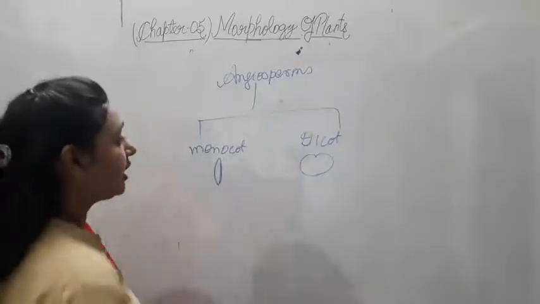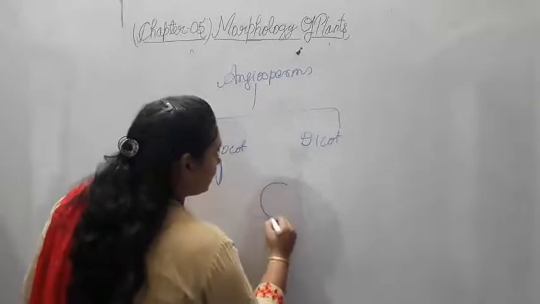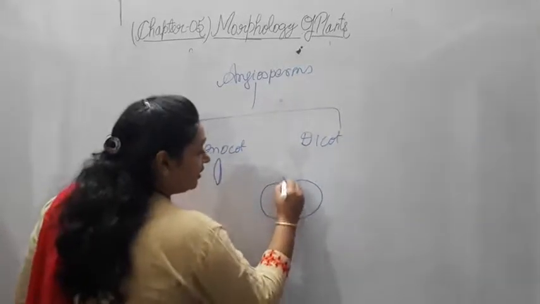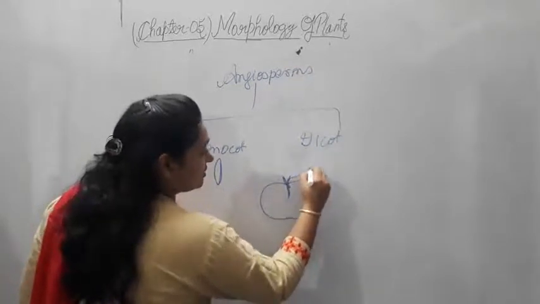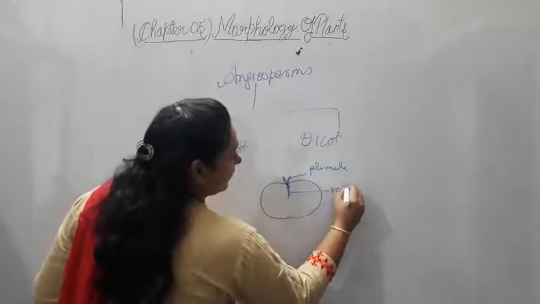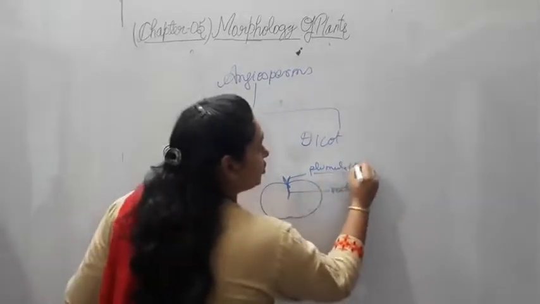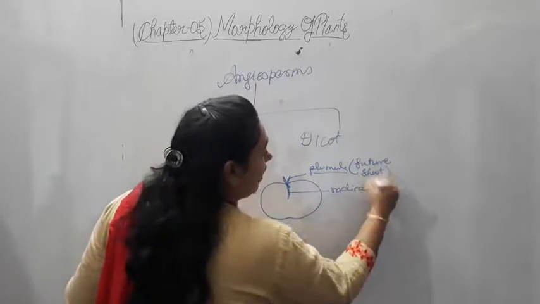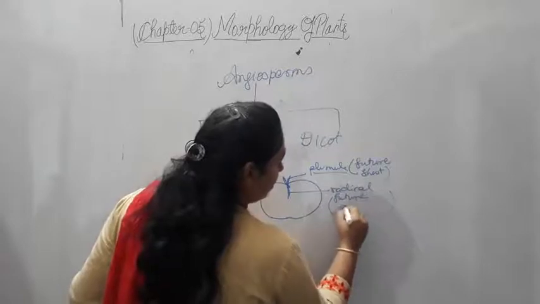So I was talking about the dicot seeds. For example, if this one is a dicot gram seed, then at this place is the plumule, and this is the radicle. The plumule is going to be the future shoot and the radicle is going to be the future root.